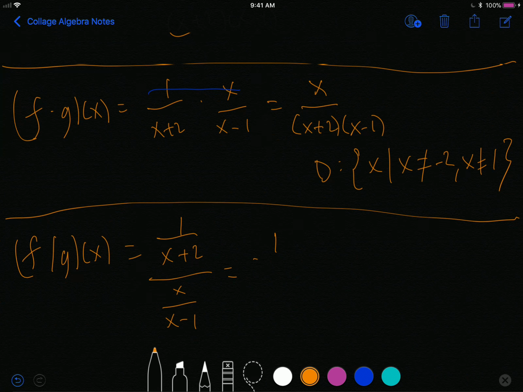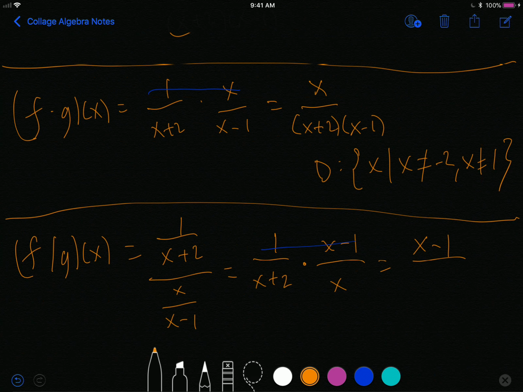You keep the first term unchanged, and instead of dividing, you multiply it by the flipped fraction. And of course, as you have it, life's pretty good. So you just multiply across again. That leaves us with x minus 1 in the numerator, and multiplying across in the denominator, you have x plus 2 times x.